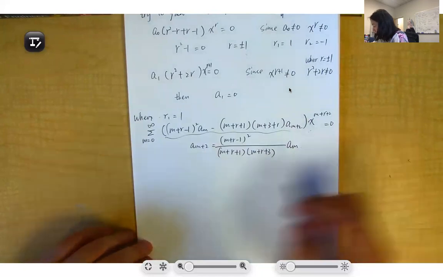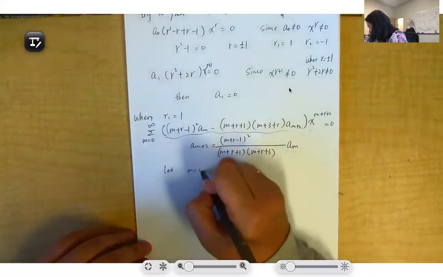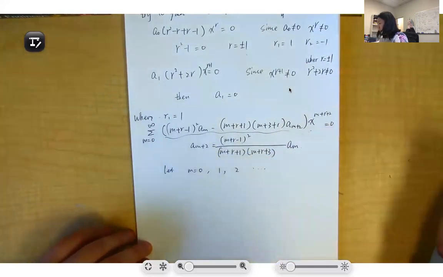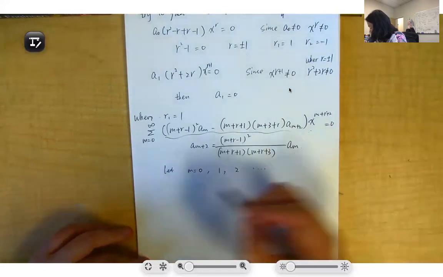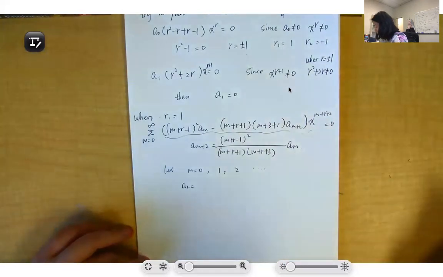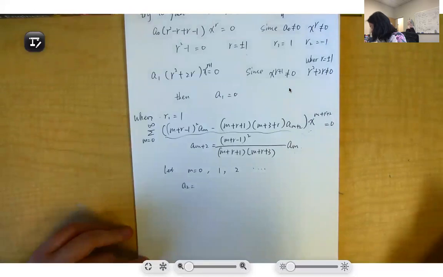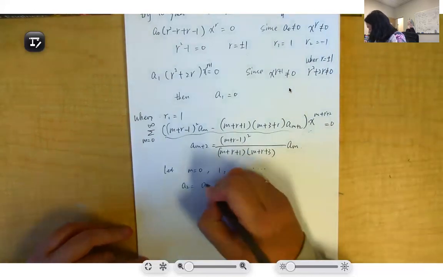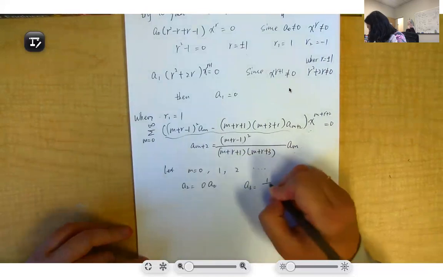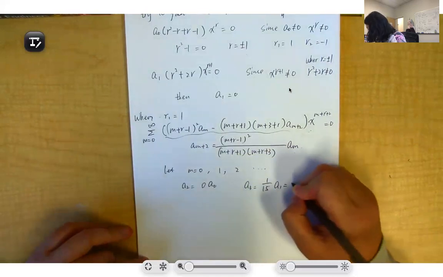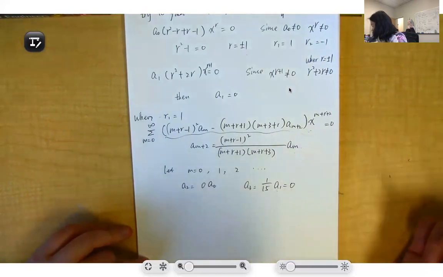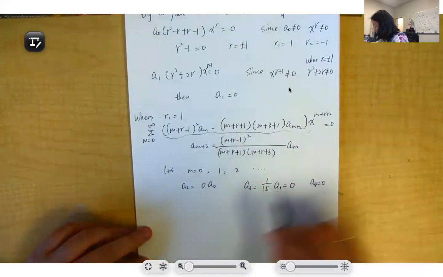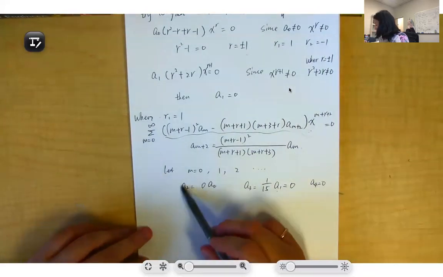And if you write m equals 0, 1, 2, until infinity, then you can get a2 will be equal to 0 times a naught. a3 will be equal to 1 over 15 times a1, which will be 0 because a1 equals 0. a4 will be equal to 0 because a2 will be equal to 0.